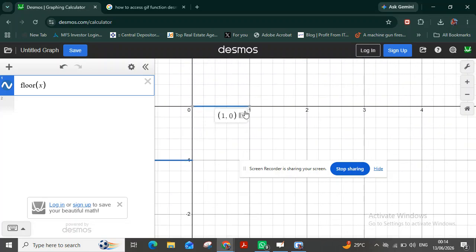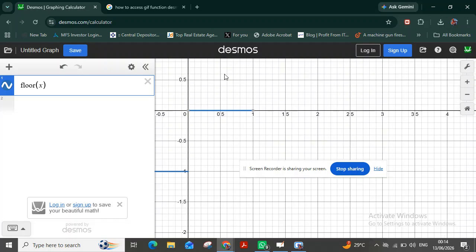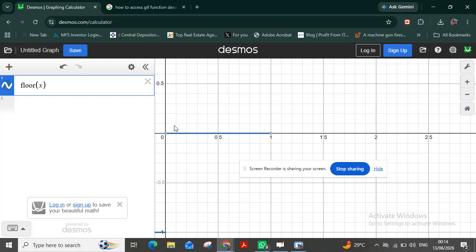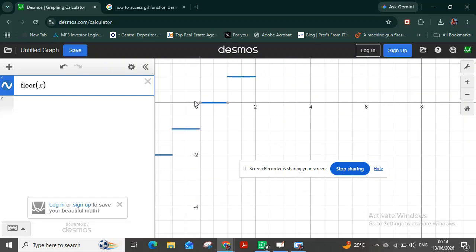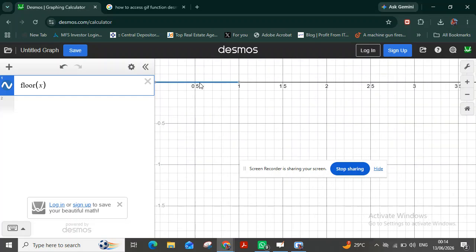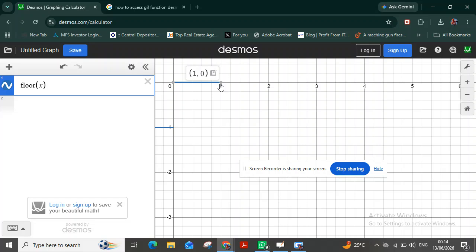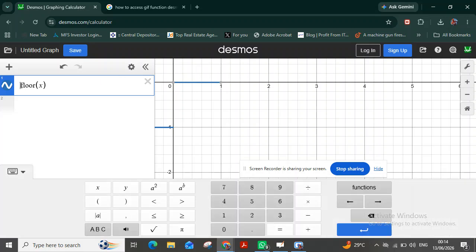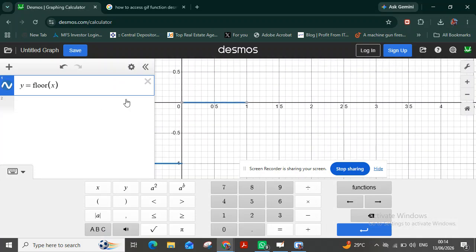GIF is very integer prone. It has no output line in the part of other values; it has only the values available in the integer line. So if you put y equal to gfx, you can understand it quite clearly.